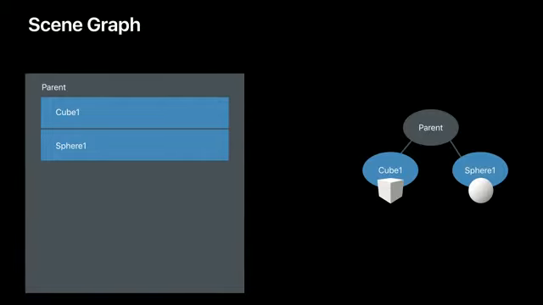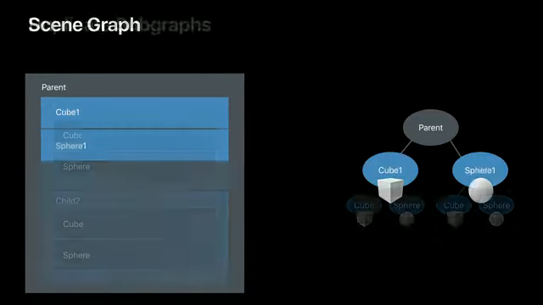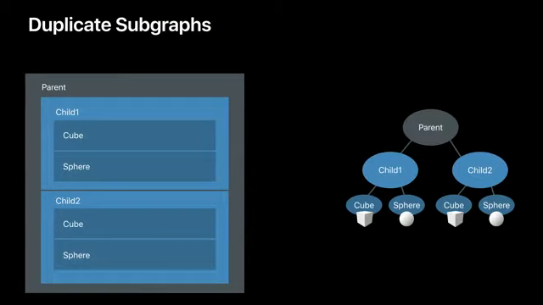And this is an efficient representation as long as those two objects are different. But what if you have multiple copies of the same object in your scene graph? Then this nested scene graph structure becomes inefficient because it stores duplicate data.